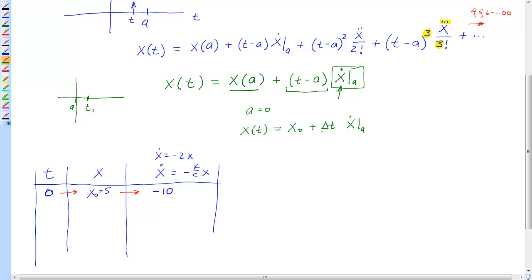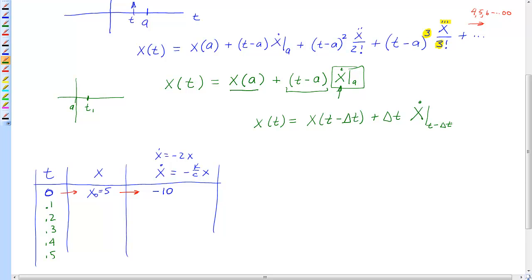So what we have to establish is that we're looking at a certain delta t. Let's go ahead and take 0.1. So now the equation, in a standard form, would become x at some t is equal to x at t minus delta t, the time step before, plus delta t times the evaluation at t minus delta t.